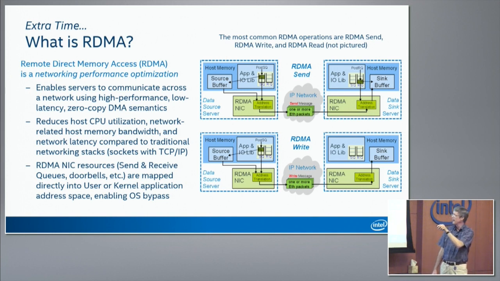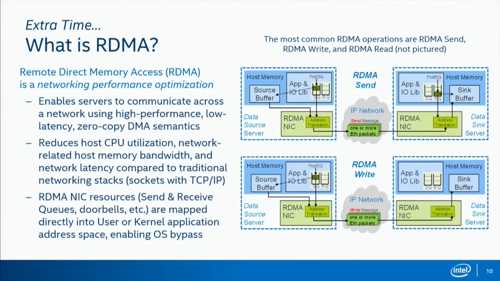Then the network adapter does virtual to physical address translation in this step right here, and it also does all the network segmentation that conveys this message out onto the network. Over on this side, the application is posting empty buffers using a similar technique. These buffers are virtual addresses, and when the messages come in, they get spilled into those buffers through this address translation. So this is just a way to convey messages back and forth.